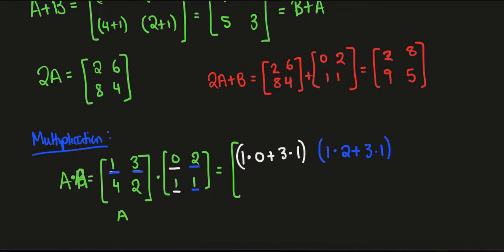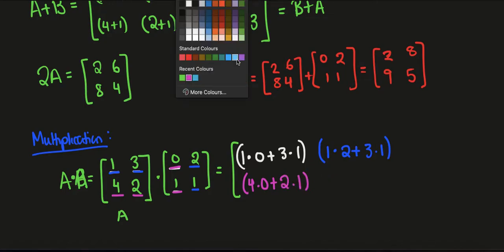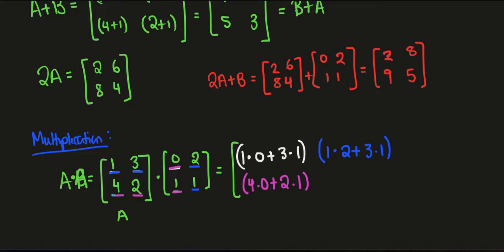Okay, the next one, we're going to do 4 times 0 plus 2 times 1. And then for the final entry, we're going to do 4 times 2 plus 2 times 1.